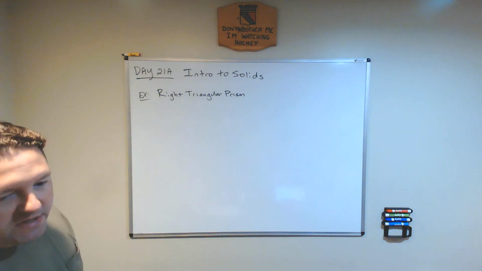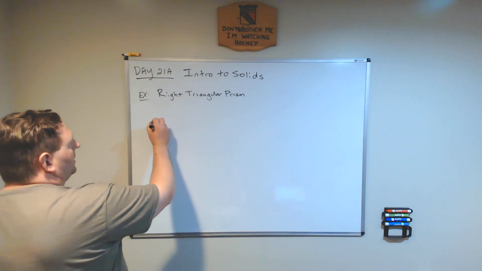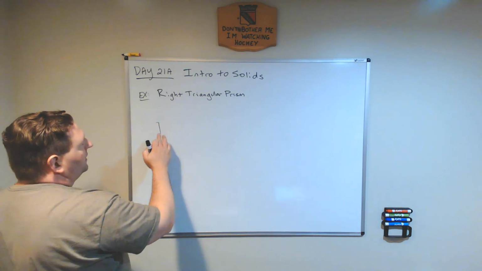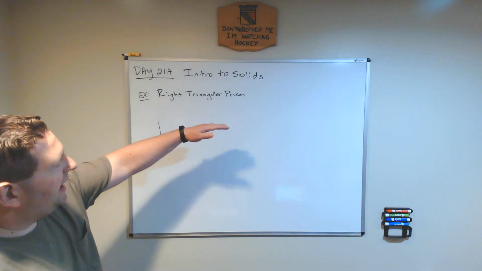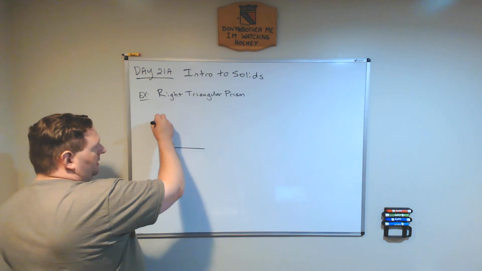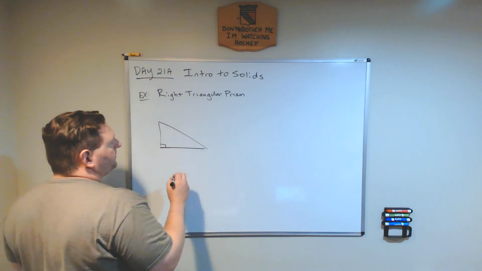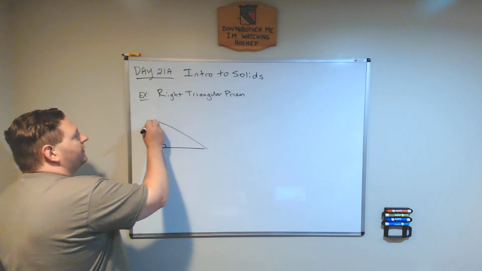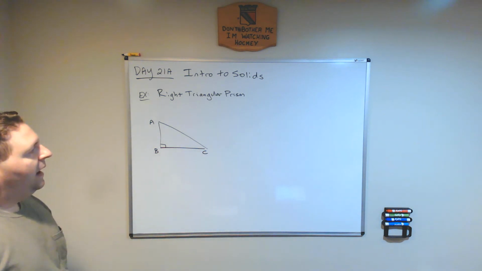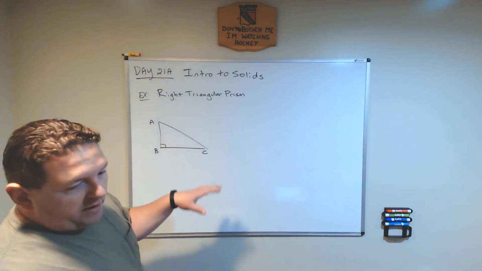Okay, so the bases are right triangles, and I'm going to draw a right triangle. Give yourself, go down the paper a little bit, because we're going to have this kind of moving to the side. But here's a right triangle. Okay, you're going to give it letter designations now, A, B, C. And now I'm going to draw a congruent right triangle out here.